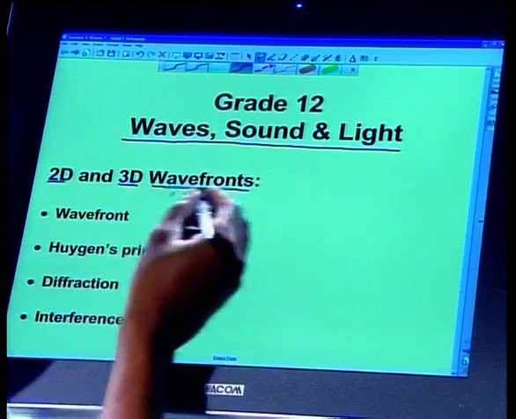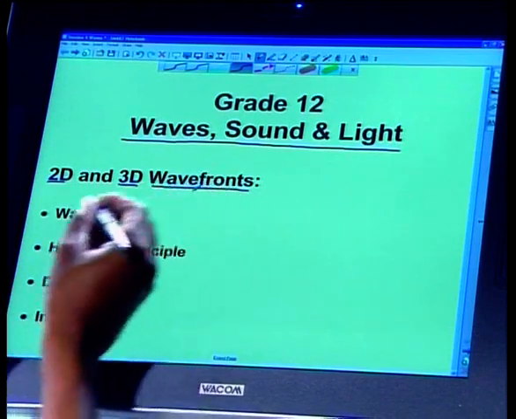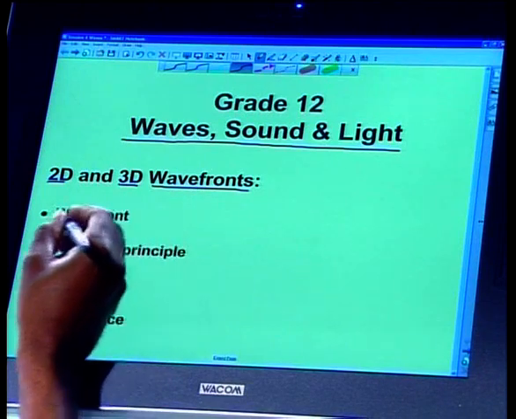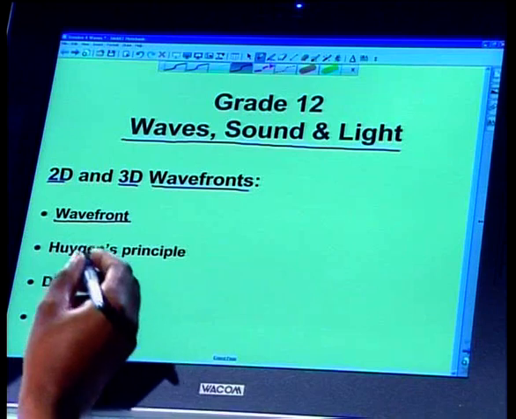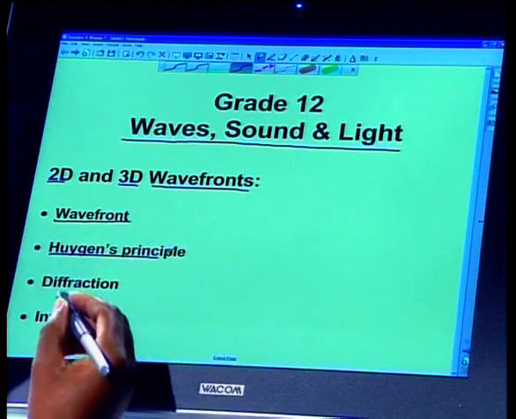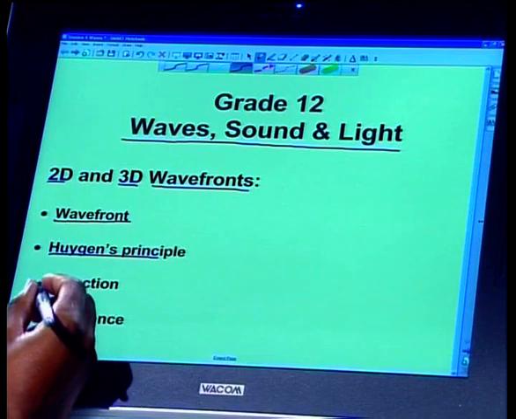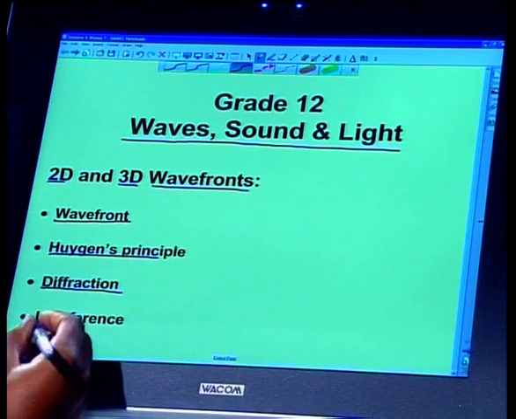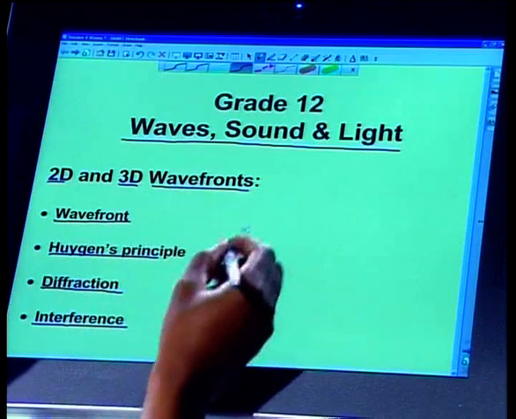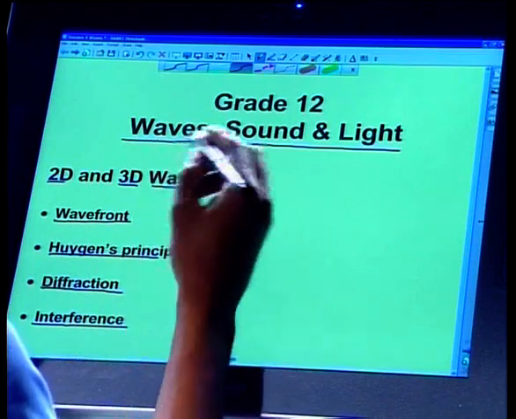We will be talking about wave fronts, Huygens' principle, diffraction, and interference. All this is around waves.